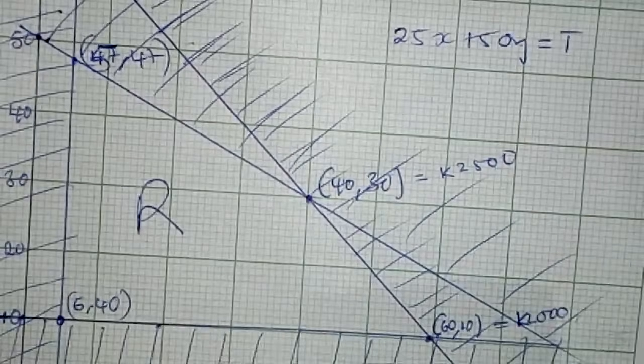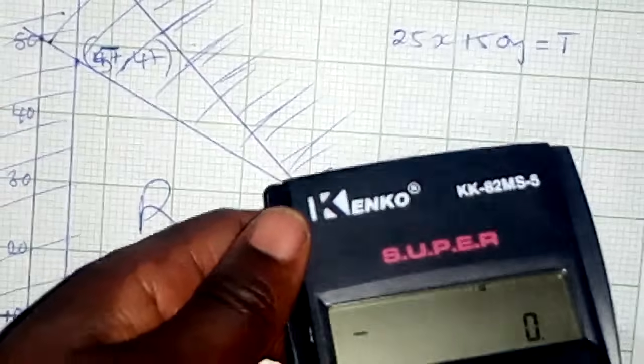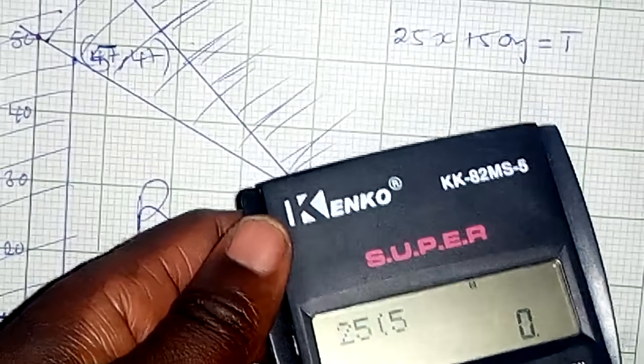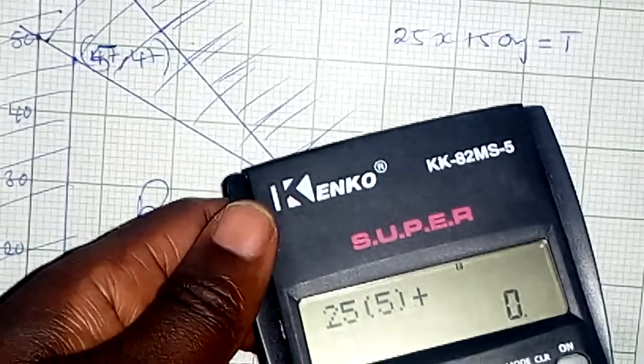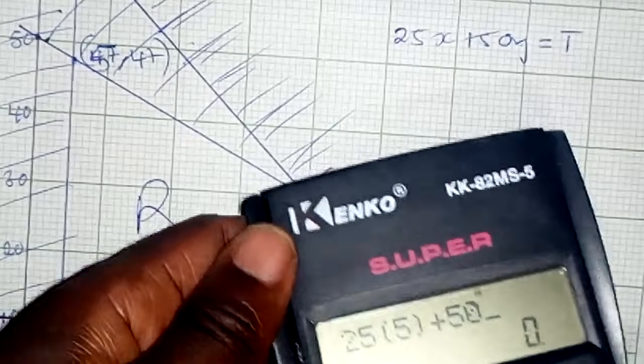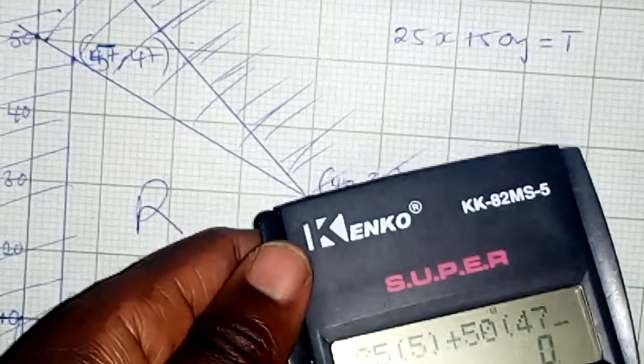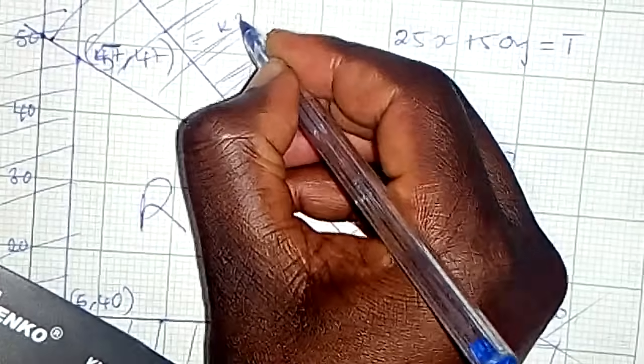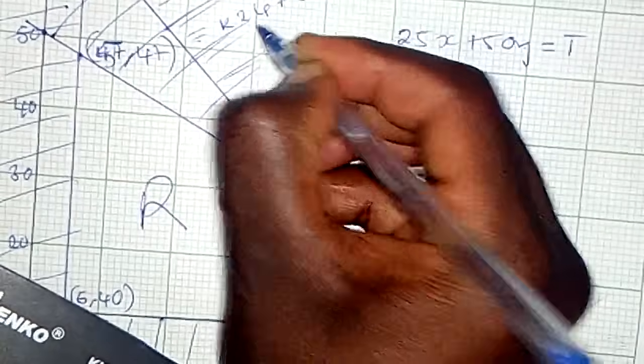This one, you do the same. We say 25, open 5, plus 50, open 47. This is giving me 2,475.